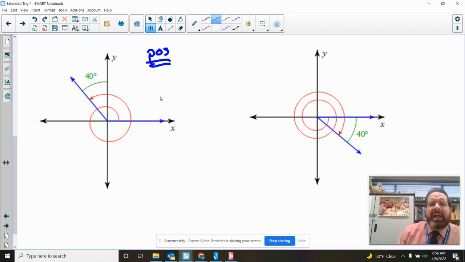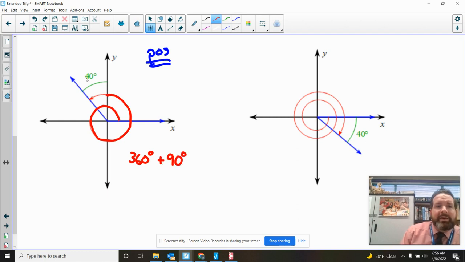Next, let's keep track of our full turns. Just trace it out. Here's halfway around. Here's a full way around. So I've got a full 360. I've got a quarter turn, so that's another 90. And then we've got this extra bit, and this extra bit is another 40.